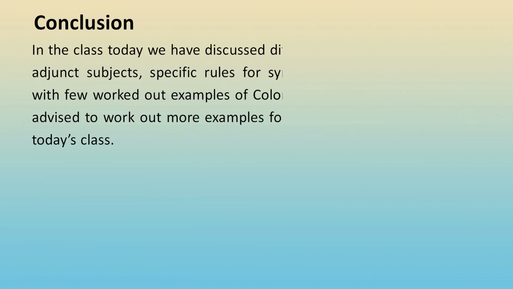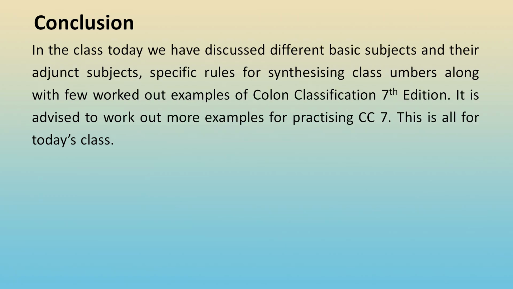In the class today, we have discussed the outlines of different agglomerates and their component basic subjects along with the canonical components, systems, specials, environmental divisions and other adjunct basic subjects, and how they form a part of the universe of knowledge.